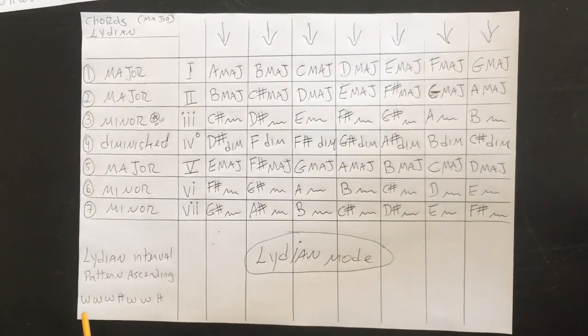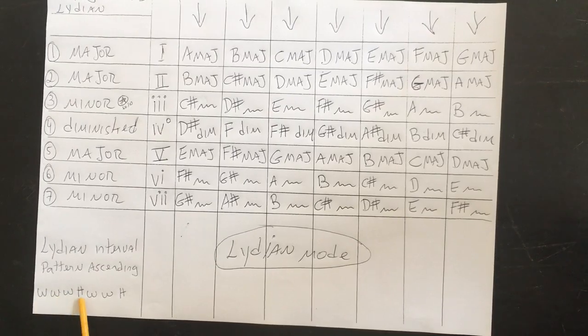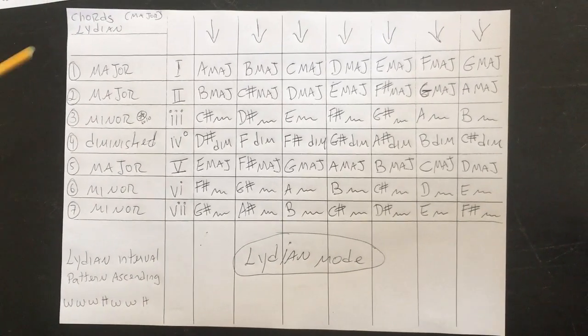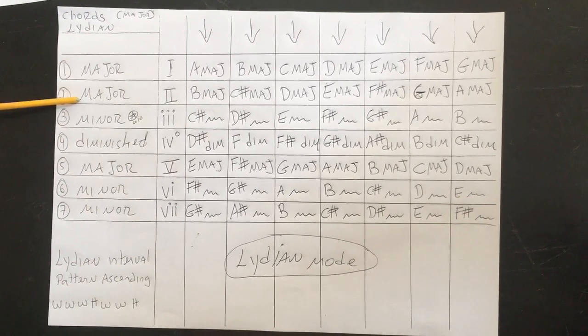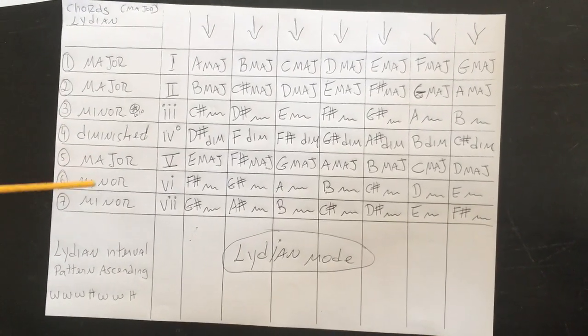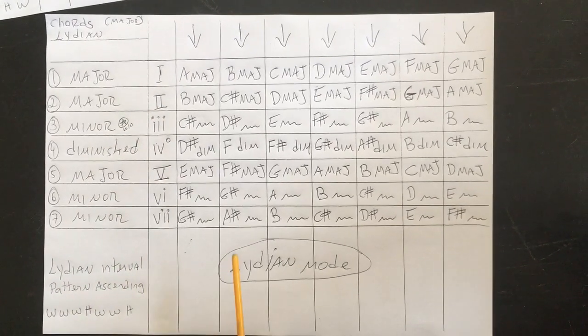Here are the intervals of the Lydian mode: whole, whole, whole, half, whole, whole, half. The 7 chords representing the Lydian mode are major, major, minor, diminished, major, minor, and minor. Those are your 7 chords.